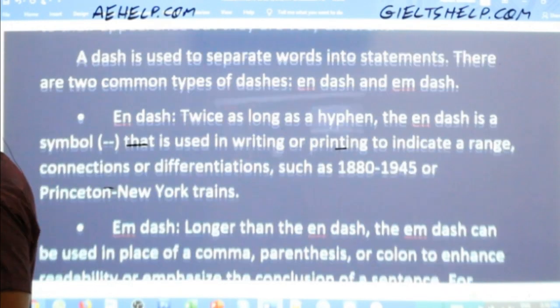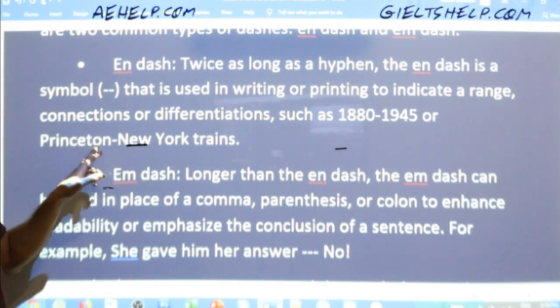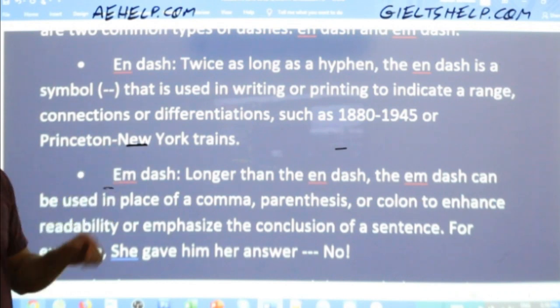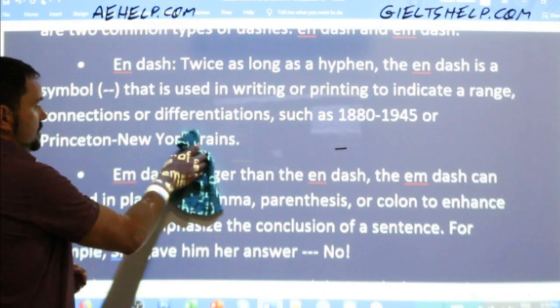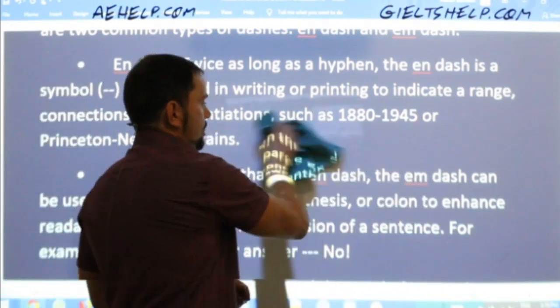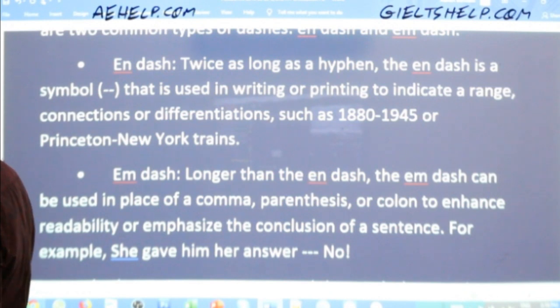Can you think, members, of examples of words or combination words where you see this type of use of the dash? Let's see if you can come up with some. You see them in these kinds of situations in writing. Well-trained dog.